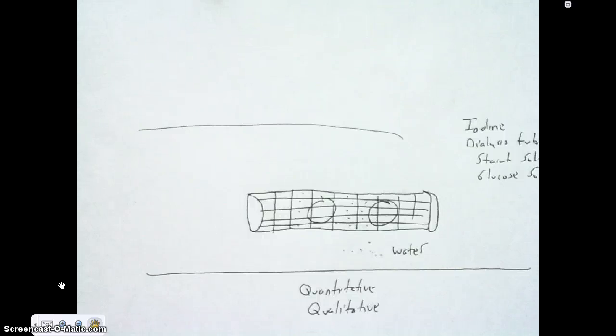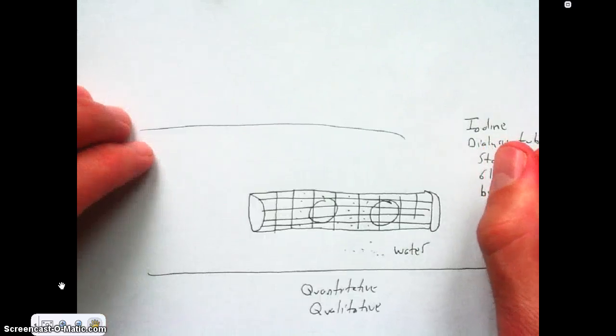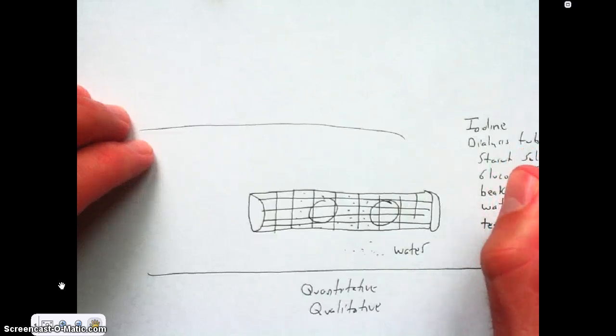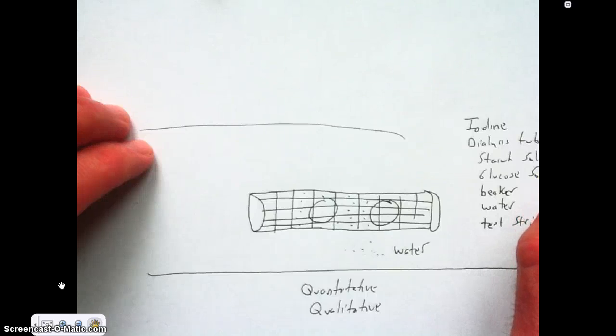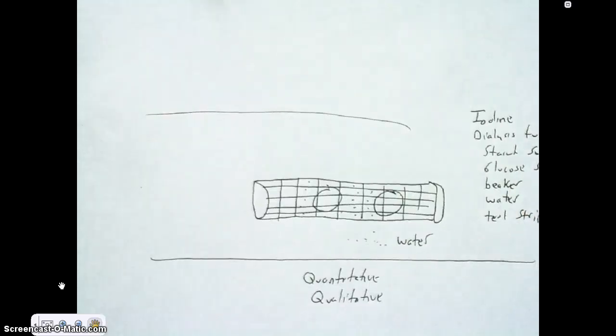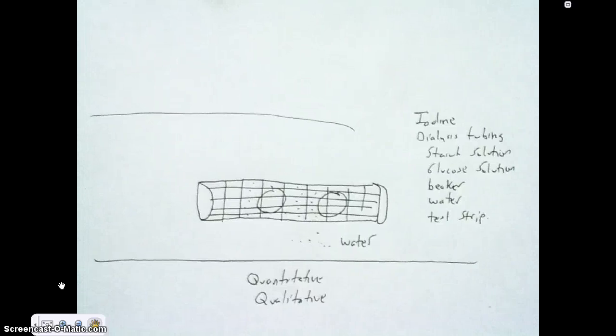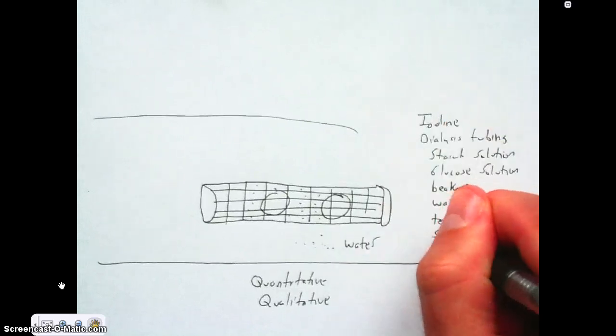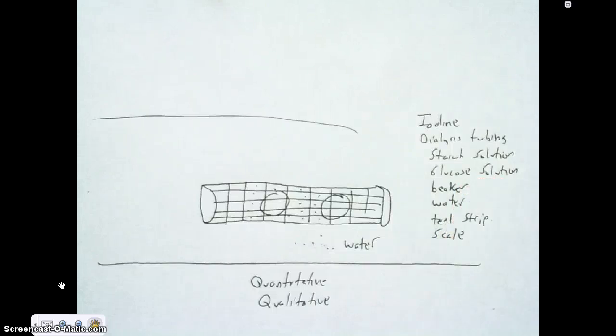And I'm also going to give you a beaker, and I'm going to give you water, and I'm also going to give you a test strip. So it is your job to build this model, and then again, you have to show me, and I'm also going to give you the scale, forgot about that. In this model, you have to show me both in a qualitative way and a quantitative way how osmosis and diffusion is occurring.